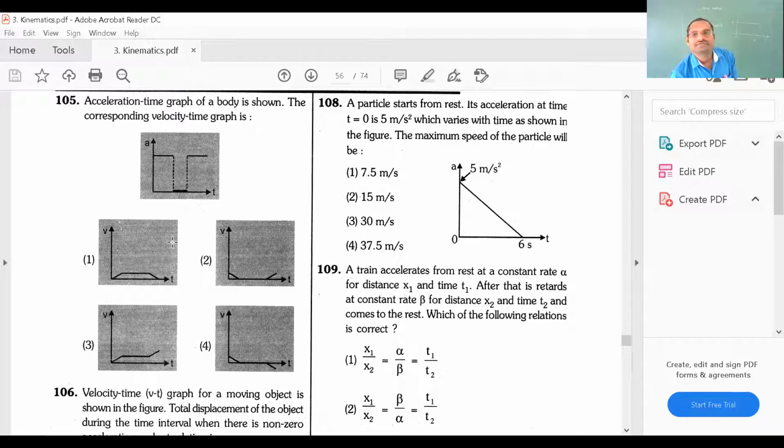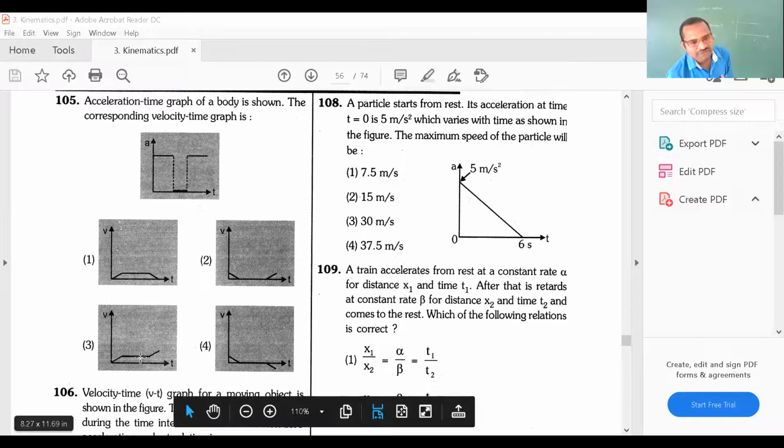Now, next, acceleration is 0 here, meaning this is the origin. Acceleration 0 means the velocity line should be parallel to the time axis. So this should be the case.